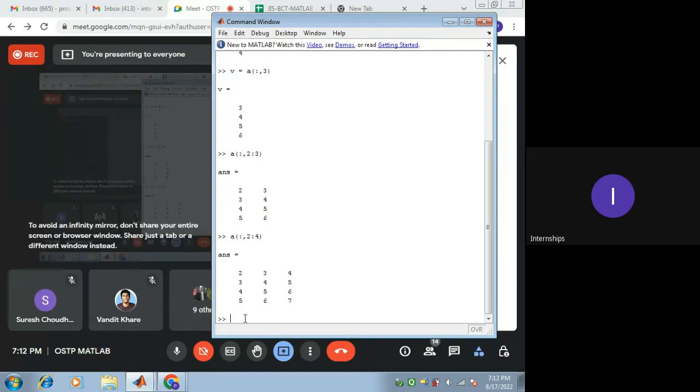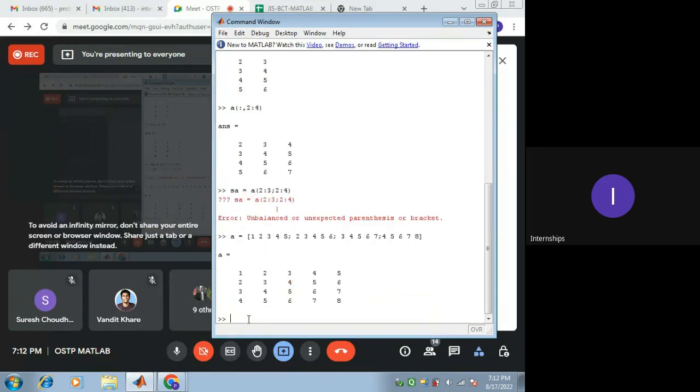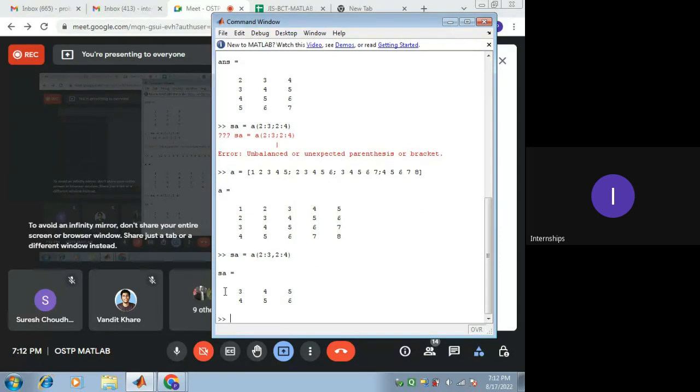Now, if we write this one, A of 2 to 3, and then 2 to 4, so what does it print?